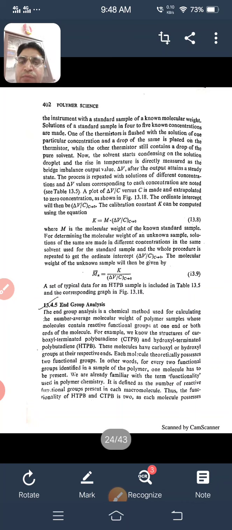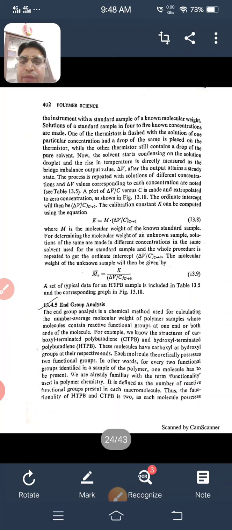For determining the molecular weight of the unknown sample, solutions of the sample are made in different concentrations in the same solvent used for the standard sample, and the whole procedure is repeated to get the ordinate intercept of delta V upon C extrapolated to 0.